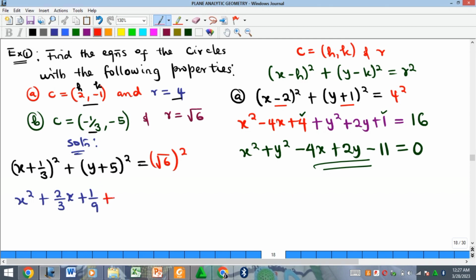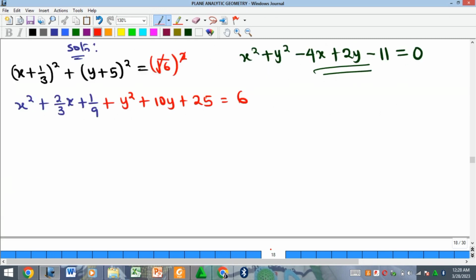And so on this other side, you have y squared plus 10y and then plus 25, to be equal to, on the right hand side, this square will take away this square root, and so we'll just have 6 left. Okay, so what do we do from here?